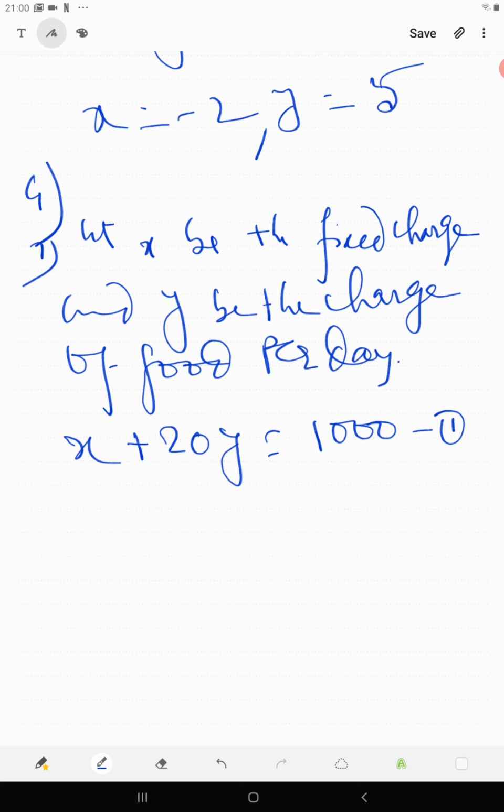Now what is our equation 2? He paid again X as fixed charge and he ate for 26 days. Correct? So it will be X plus 26Y equals 1180. This is our equation 2.